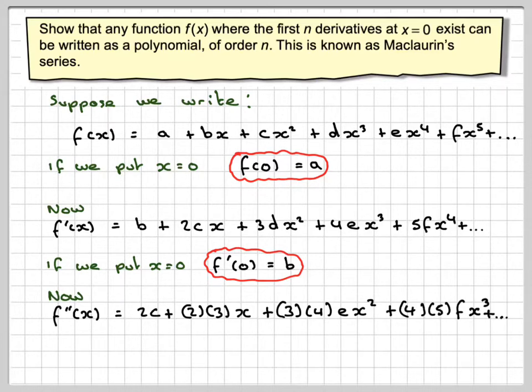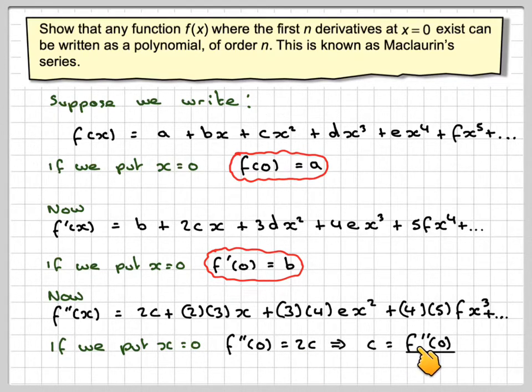And again, if I put x equal to 0, all these terms will disappear. We're just going to get f double dash of 0 is 2c, which means that c will be f double dash of 0 over 2. But instead of writing 2, I'm going to write it as 2 factorial, and you'll see this when we get the next few terms. All right, so writing that out again up here.